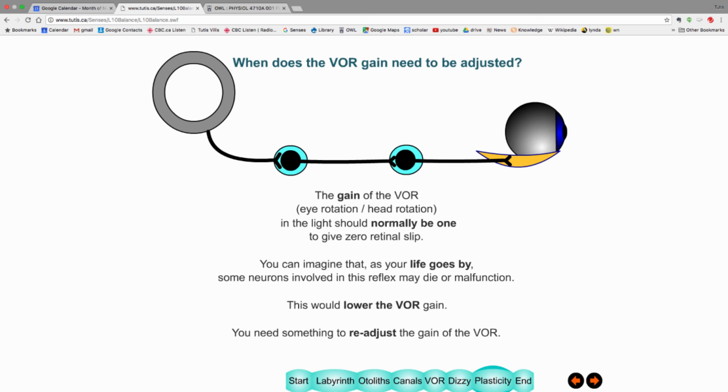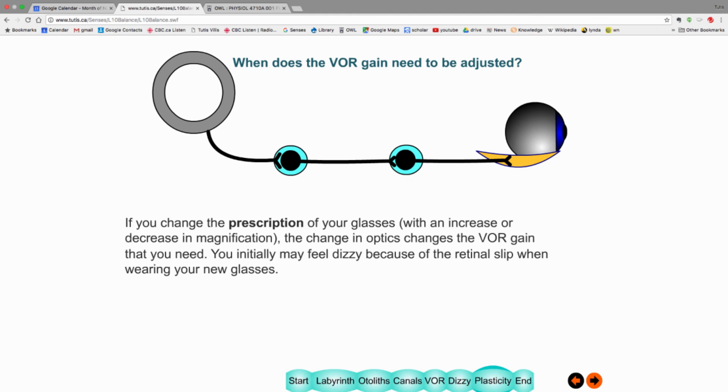So what will readjust the gain? Well, also when you have new prescription lenses, if the lenses on your eye act as a sort of magnifier, they make things up close or more far away, and as a consequence, you have to readjust how much the eye turns.